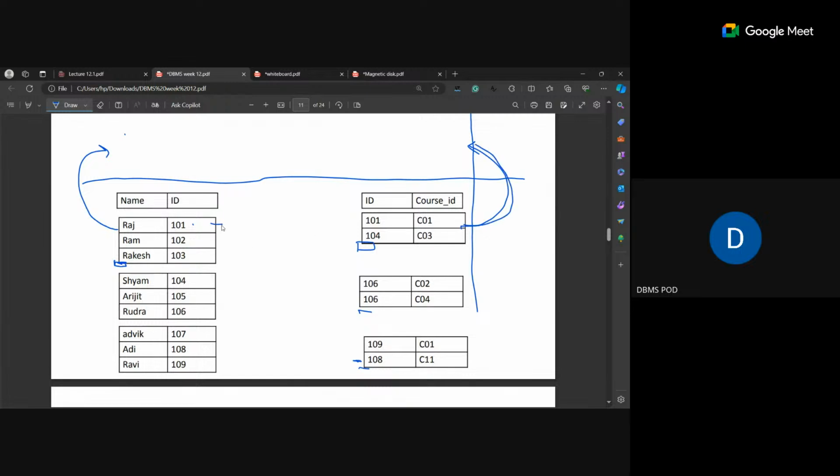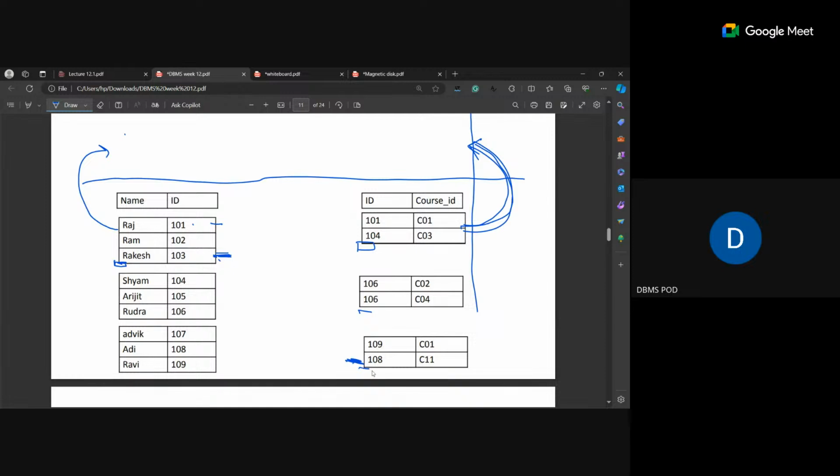After the completion of 108, when it moves to this, again one seek is required, because we cannot move in the reverse direction. We can only move in one direction, right? That's why another seek is required when we move from Raj to Ram.